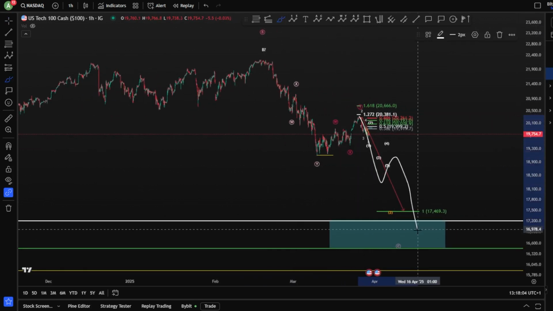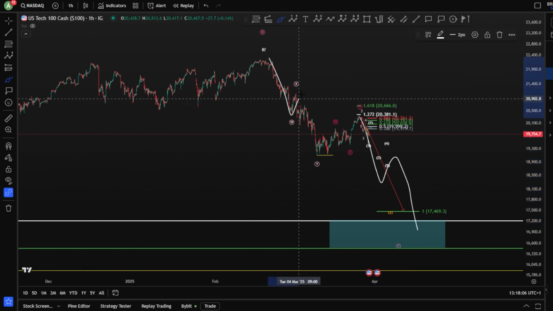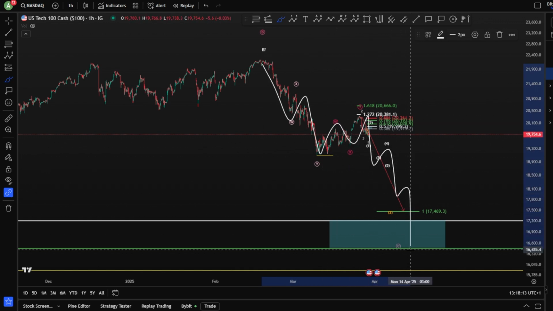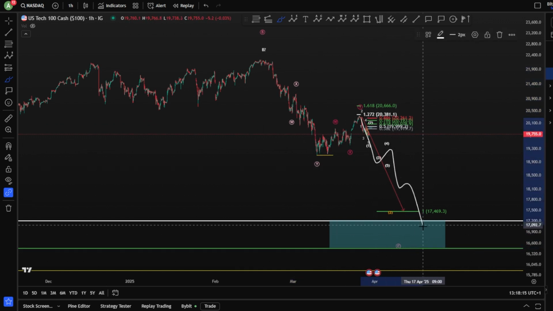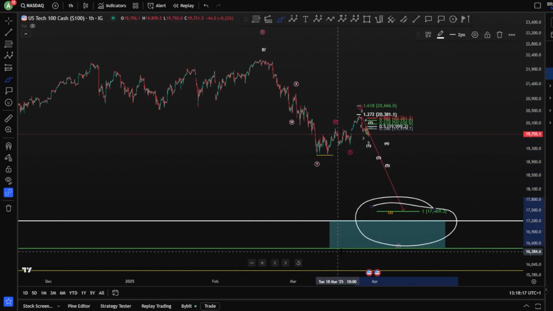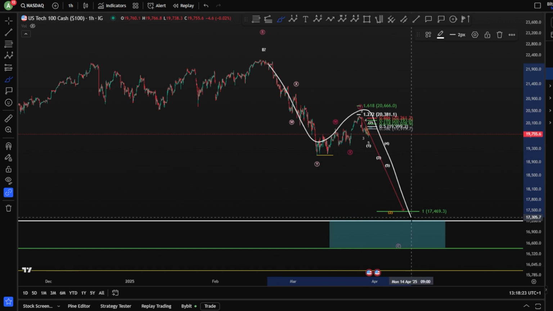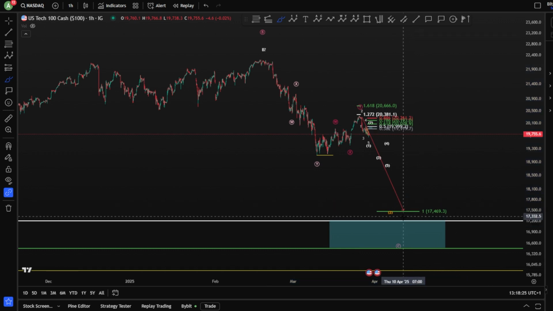Whether you finish a structure, also 3 waves, meaning 3 by 3 by 3, or you finish 3 by 3 by 5, meaning 1, 2, 3, 4, and a 5, hitting perfectly the blue box for, of course, an impulse here potentially. In case you are in a zigzag structure, you would like to hit the 17K.